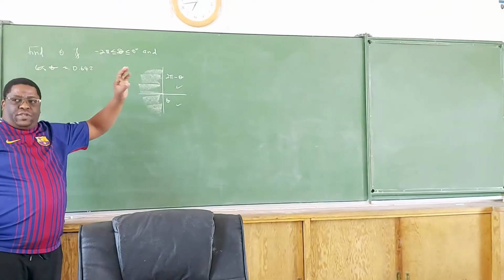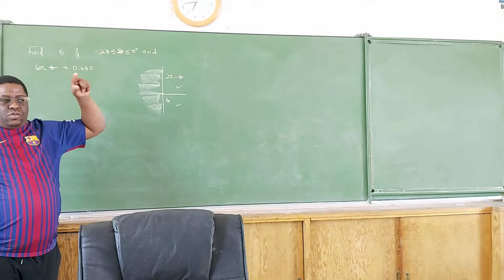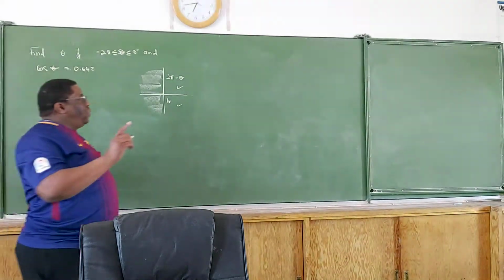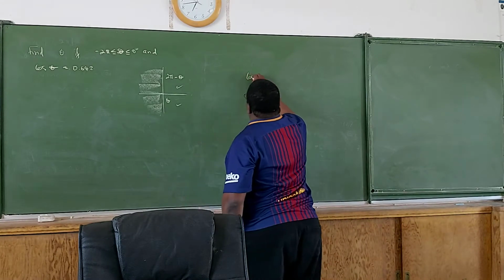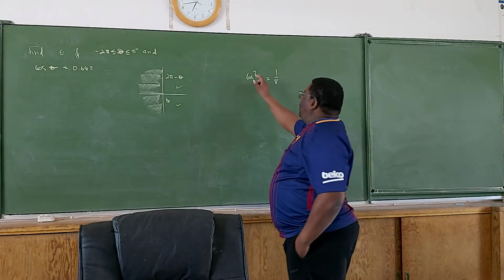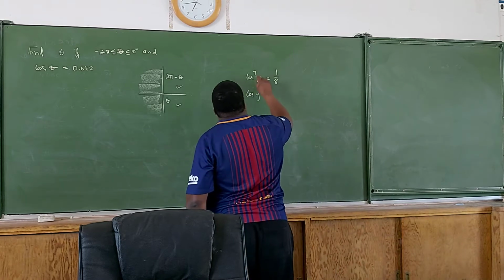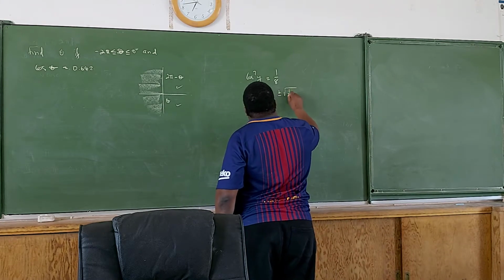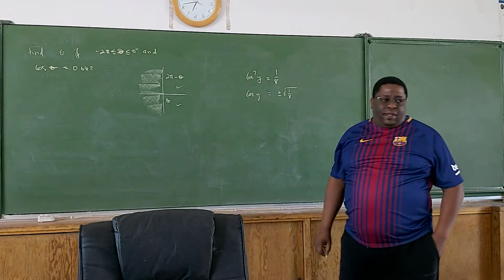Let me re-emphasize something that I also had to explain just now, and I hope you also get it. When we're doing questions like this, cos squared y, let's suppose equals 1 over 8. In order for you to isolate the cos y, you need to take the positive and negative root of 1 over 8.